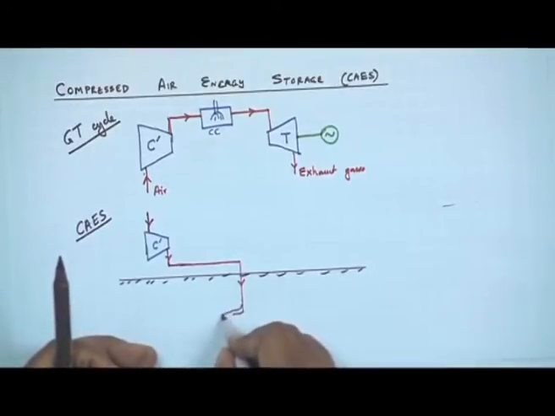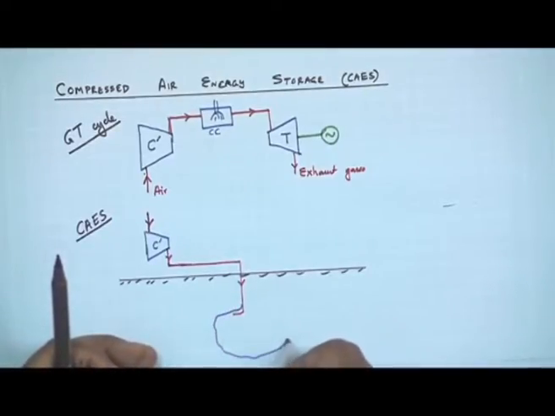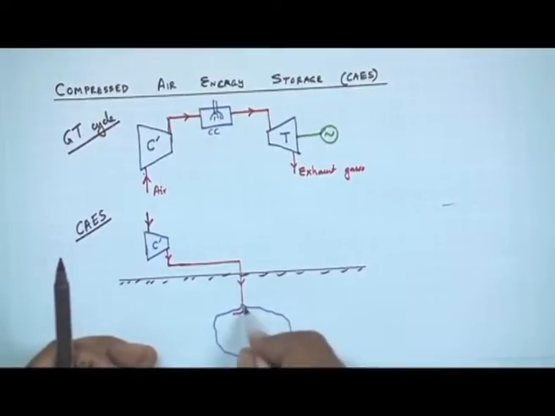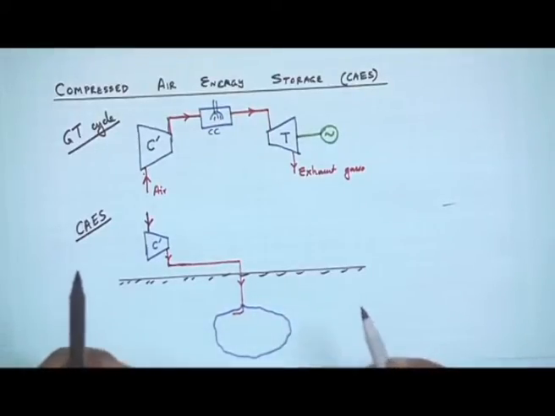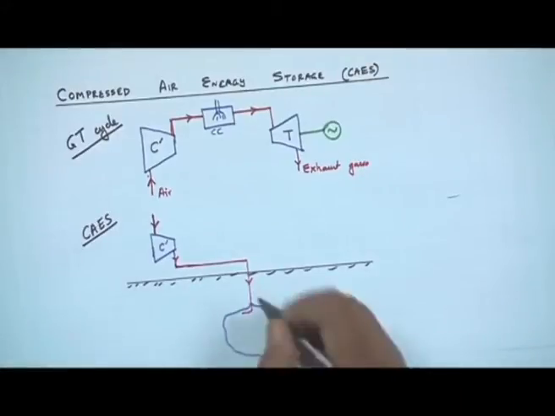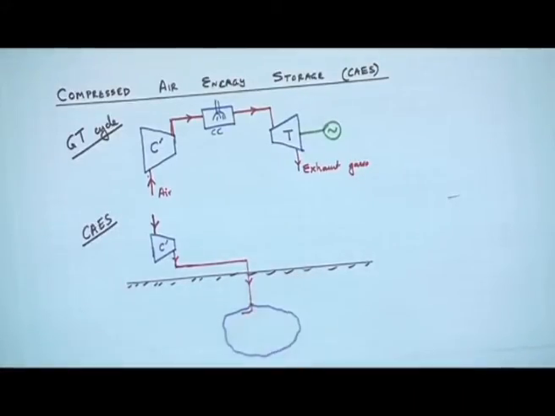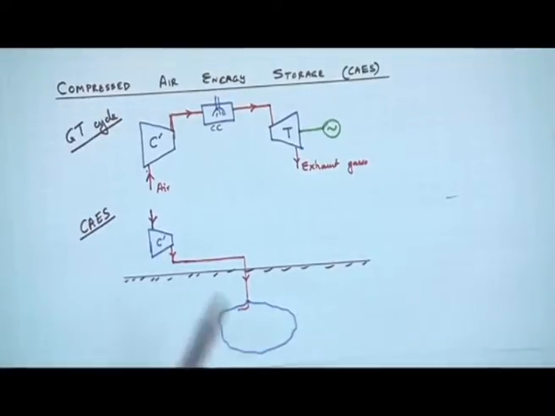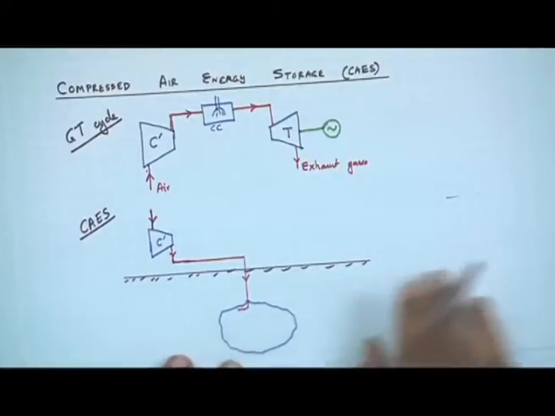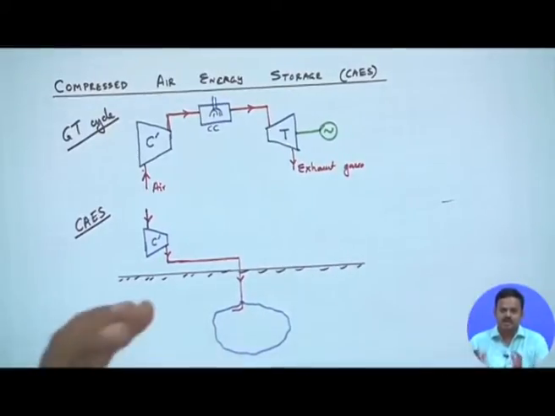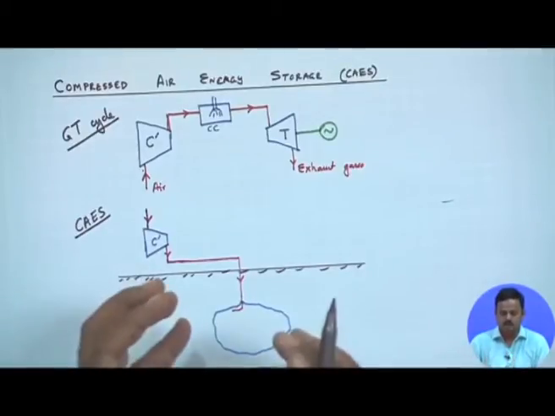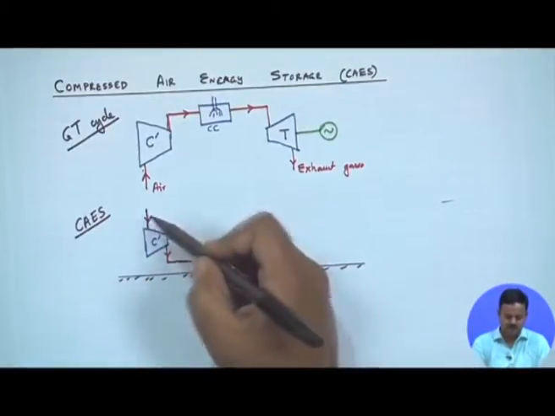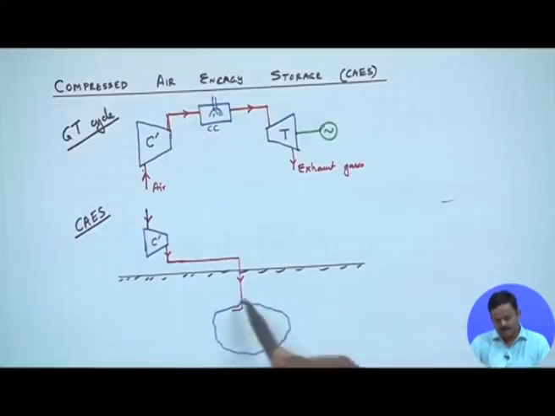It is stored in a large, empty volume, where this compressed air goes and is stored. Okay. Next, what is this air at? Because it has been compressed, its volume is low, lesser than what it was over here, and it is at a higher temperature.